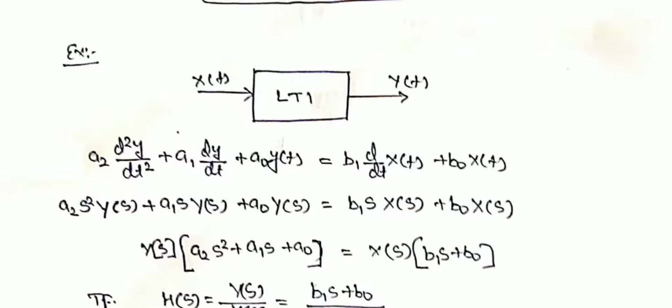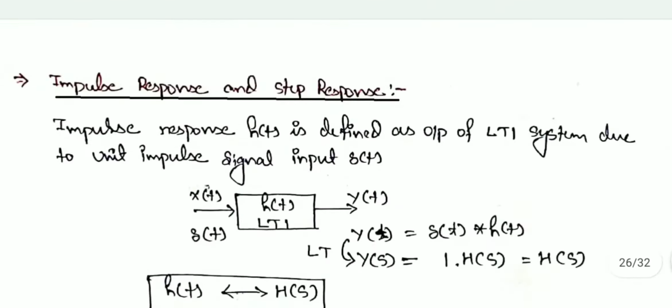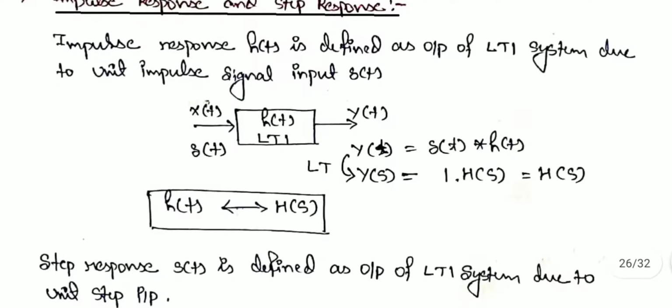Next, we are going to discuss the impulse response and the step response. We have discussed earlier that the impulse response is nothing but the response of the system when the input is an impulse signal, and it is represented with h(t), or in the Laplace transform with H(s).